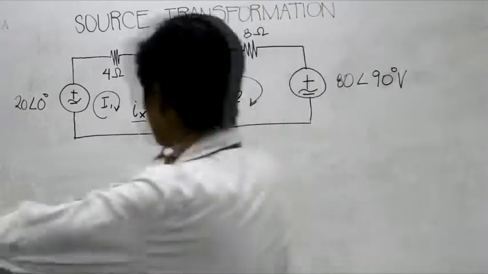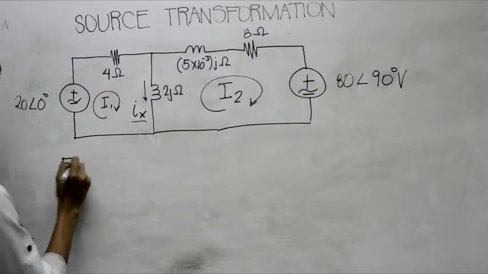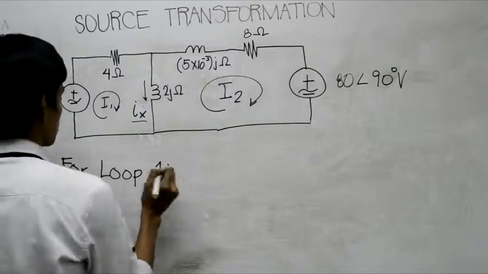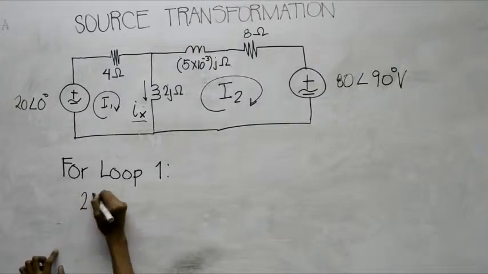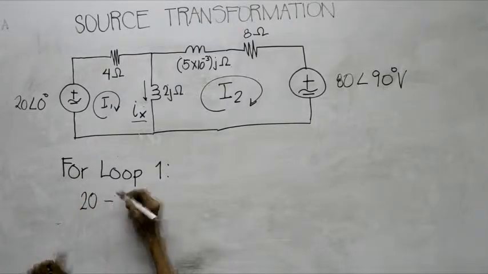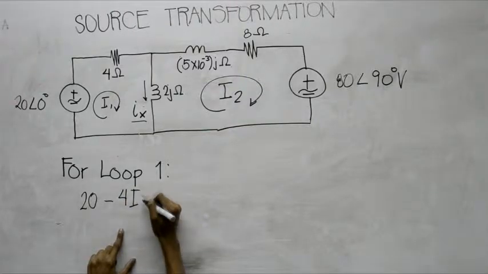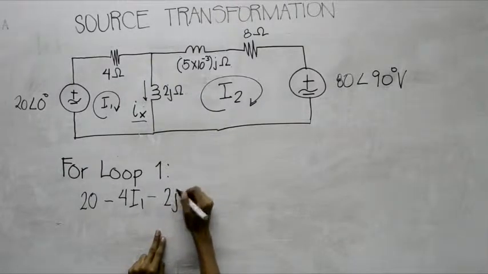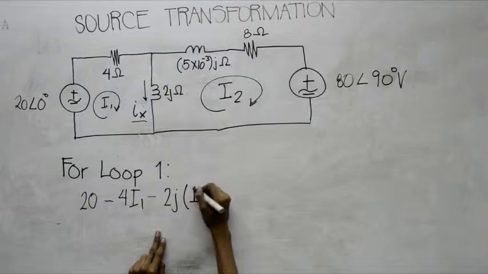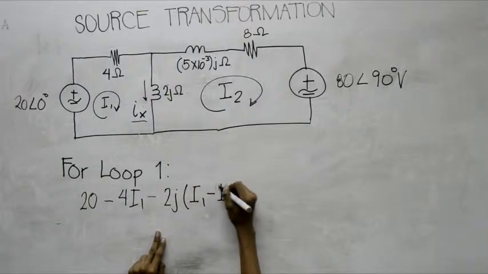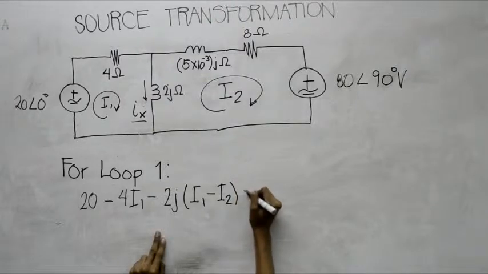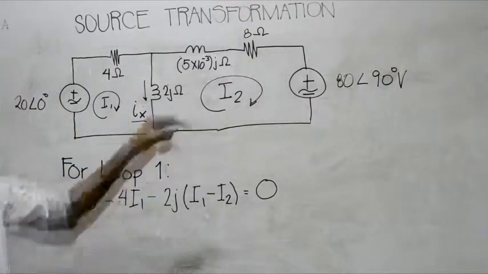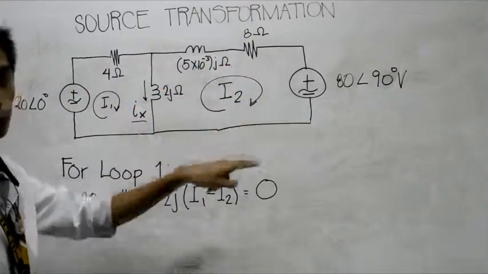So for loop 1, we have the voltage source 20 volts minus 4 I1 minus 2J I1 minus 0. And then let's have the voltage at loop 2.